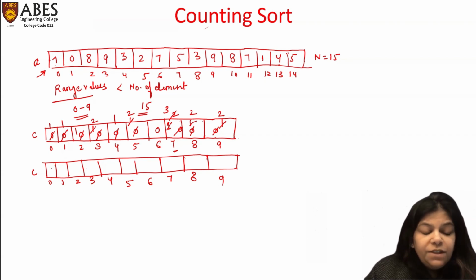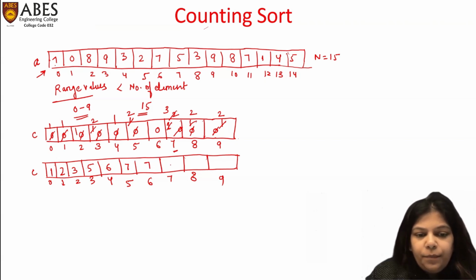So the number of elements which are less than or equal to 0 are 1. Number of elements less than or equal to 1 are 2. Number of elements less than or equal to 2 are 3. Number of elements less than or equal to 3 are 5. Number of elements less than or equal to 4 are 6. And in this way, we have to reconstruct this counting array.